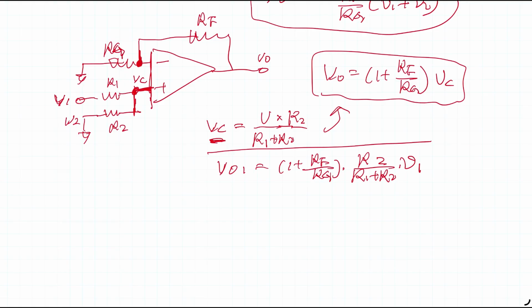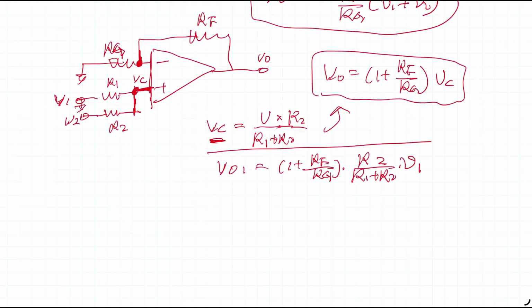Now, we look at how V2 contributes to the output, so we can assume V1 is connected to ground.